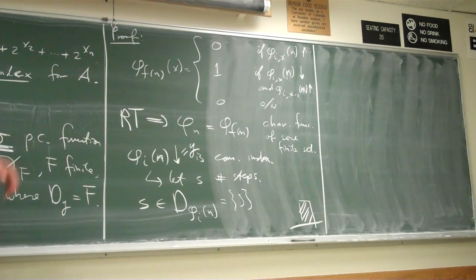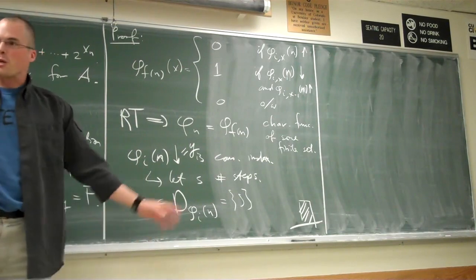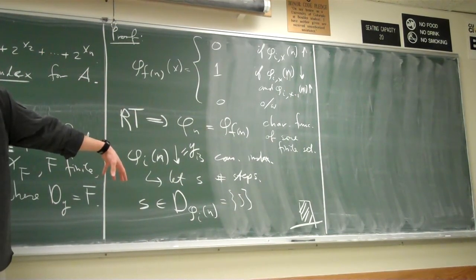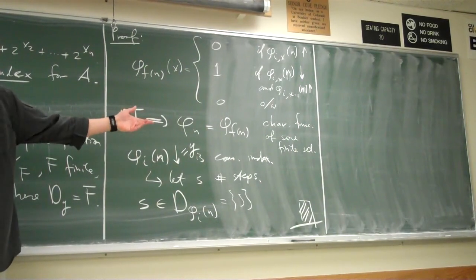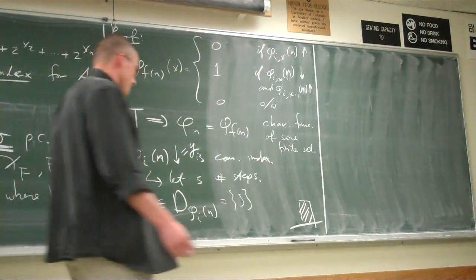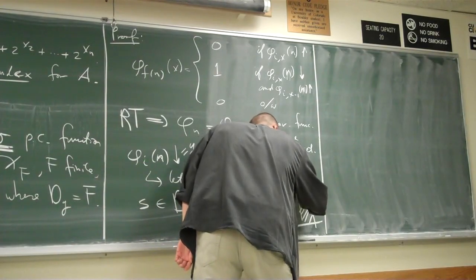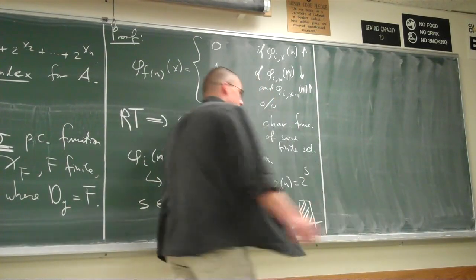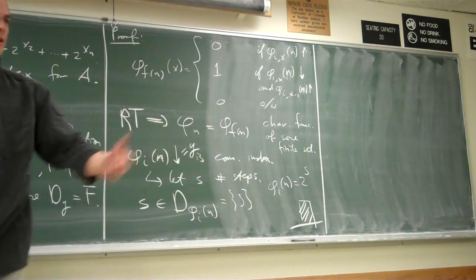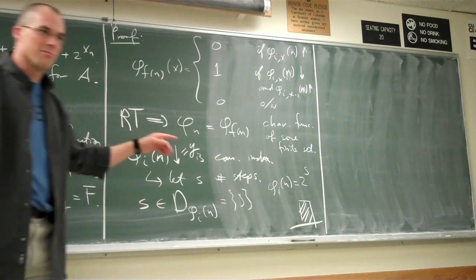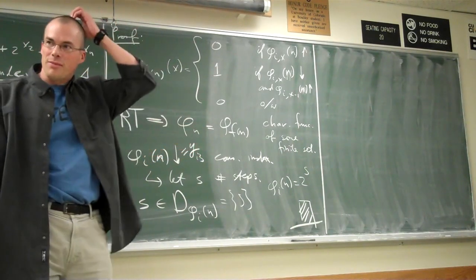I argued S is in there, so it's singleton S. So this means its canonical index is 2 to the S. So this means phi I of n is equal to 2 to the S. There's a singleton in there. If you look at the definition of canonical indices, this canonical index is exactly 2 to the S.